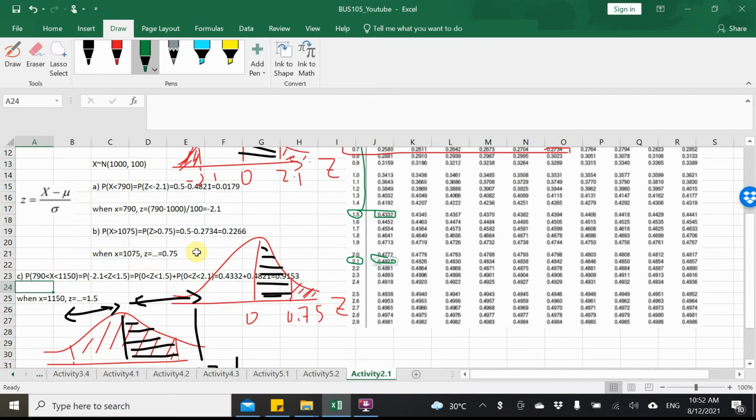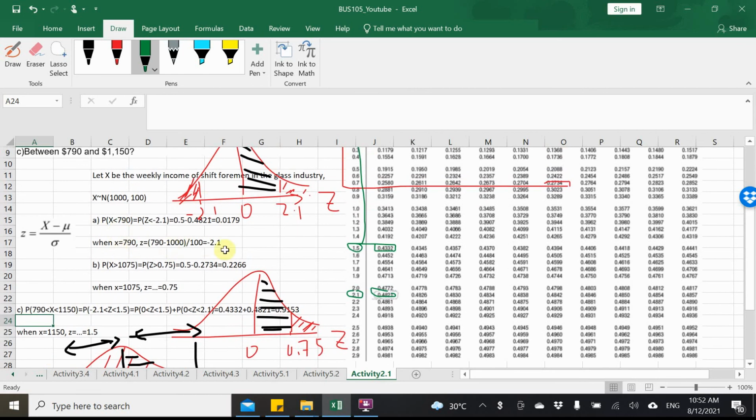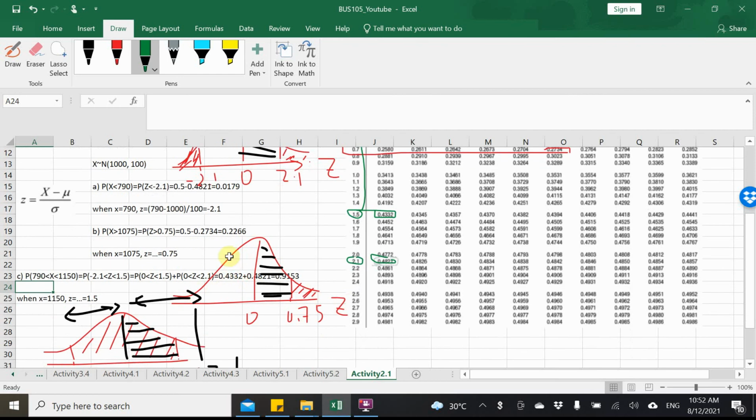So to summarize, to answer this kind of question using the table, the most important steps are, first, we need to do the standardization and get the corresponding z-score. And secondly, draw the graph to help us understand what is the area that you are looking for in the question.